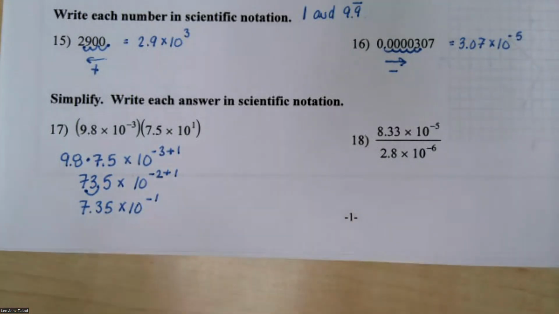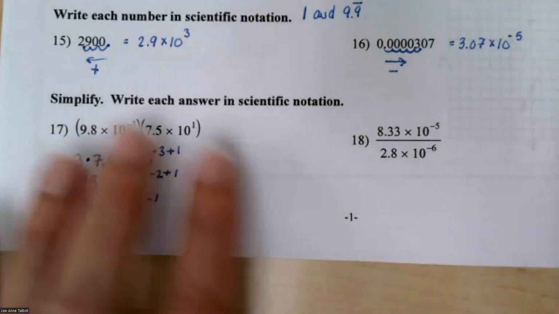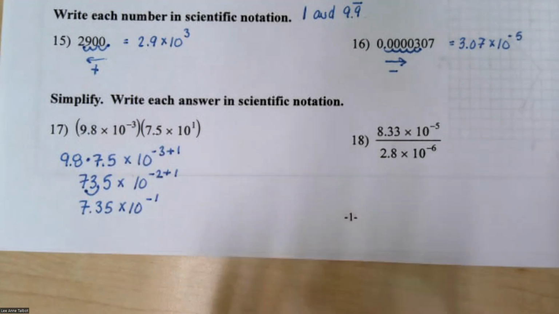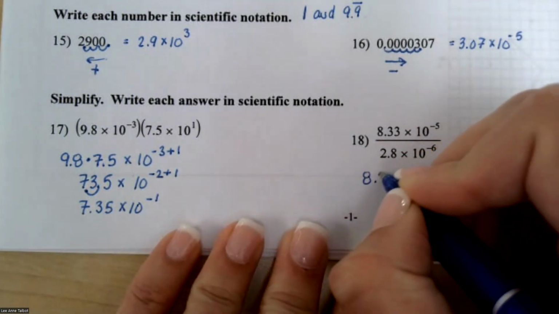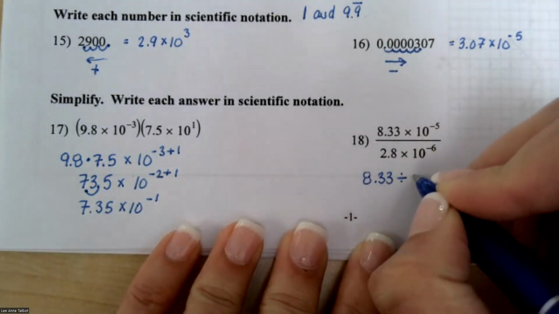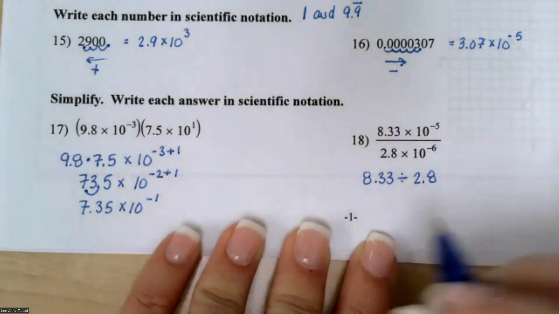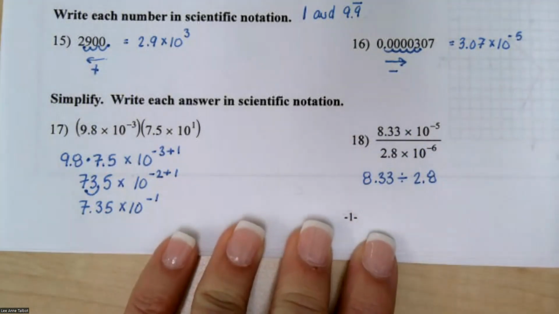Okay, now, knowing all that you know here, what do you think we do on number 18, Landon? Divide the 8.33 into 2.8 and subtract the negative 5 and negative 6. Beautiful. Okay, so divide the numbers.